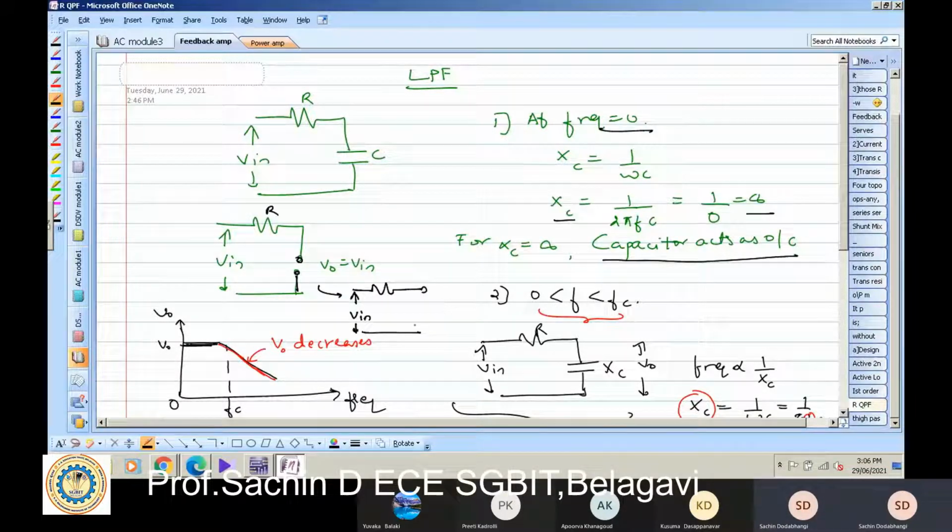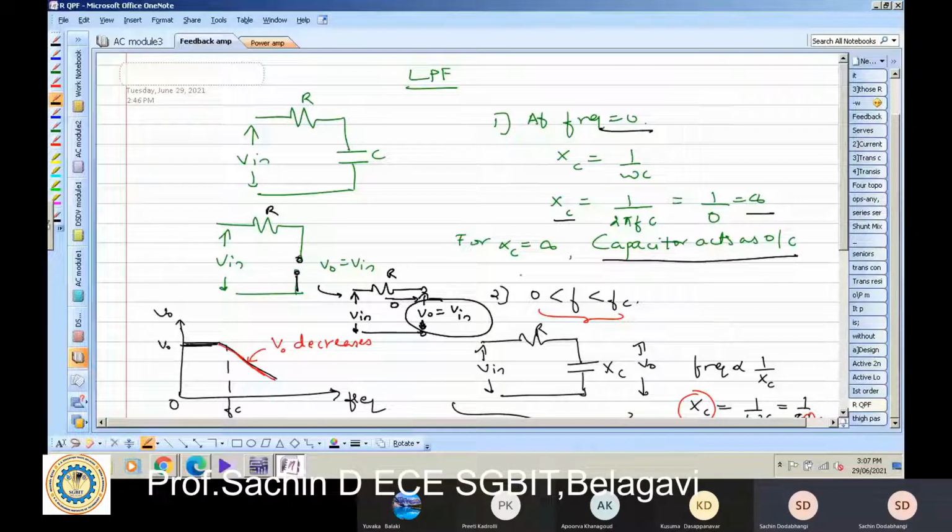Looking at the circuit, output voltage was equal to input voltage. Output voltage is in parallel with input voltage because R is connected to an open terminal, so current is 0. The current flowing through R is 0, but output voltage is connected in parallel with input voltage. So in this case, output voltage was equal to input voltage. That is in case of low pass filter.